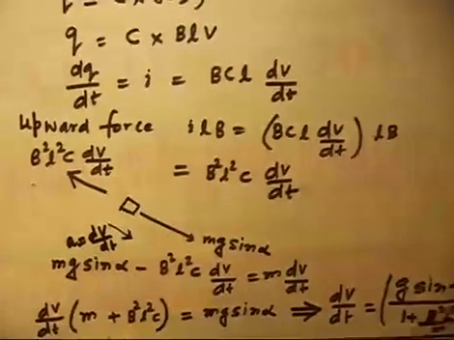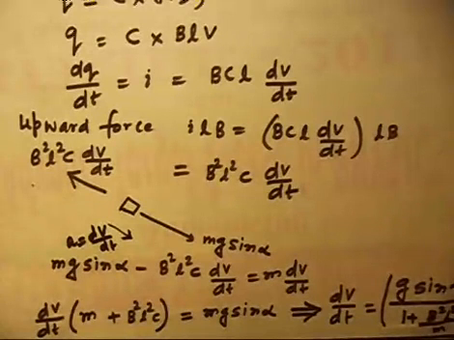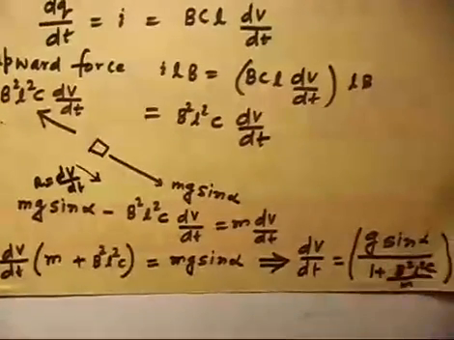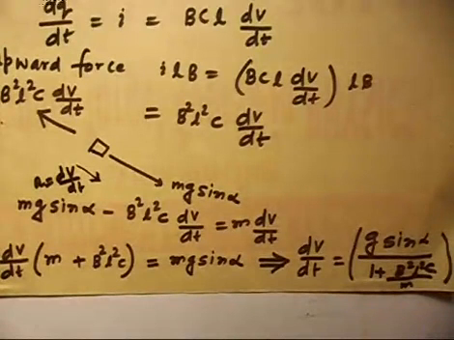So now I can write the total force downward: mg sin alpha minus B square L square C dv by dt is equal to m dv by dt. Now from here you calculate dv by dt, you will get g sin alpha divided by 1 plus B square L square C by m. So you will get the same value. Are you getting it or not? You try to do your own calculation.